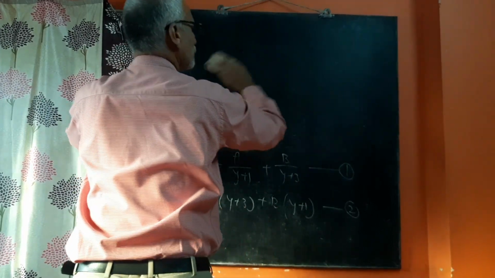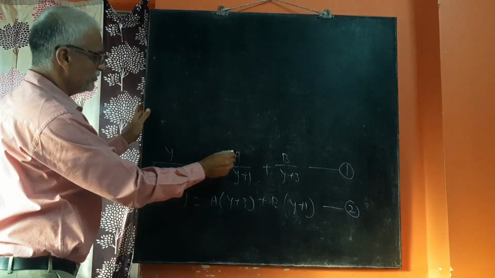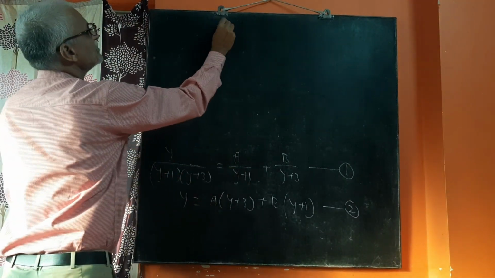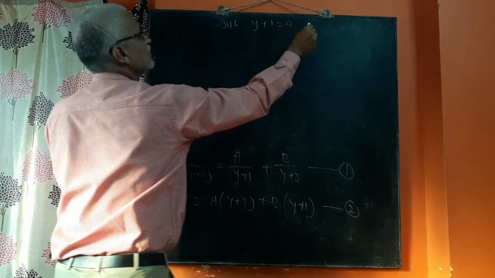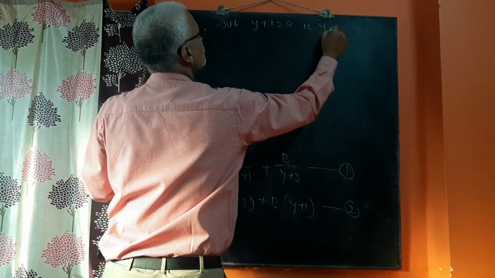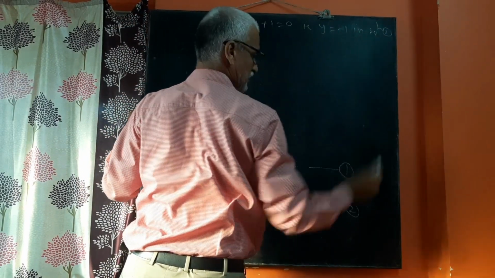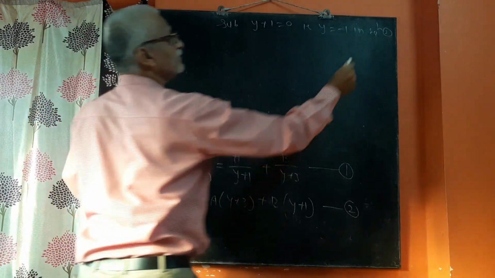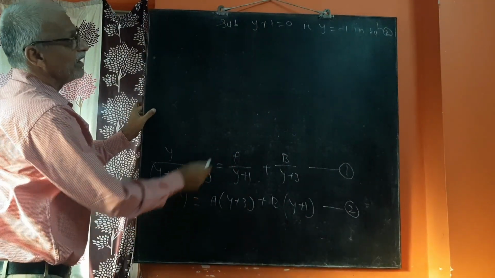the first substitution. What is our first substitution? The denominator of a. What is the denominator of a? That is y plus 1. Substitute y plus 1 equals 0, that means y equals minus 1, in equation 2. See, what will you get? Y equals minus 1.